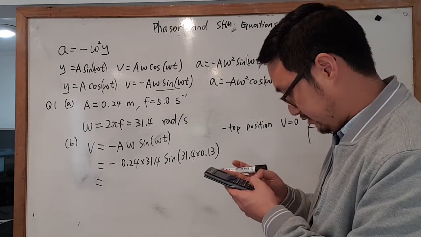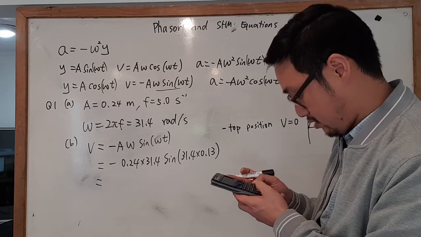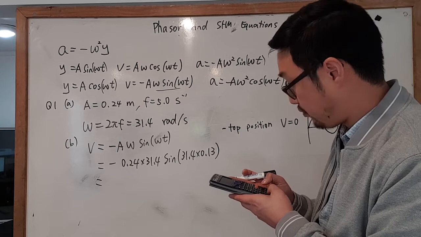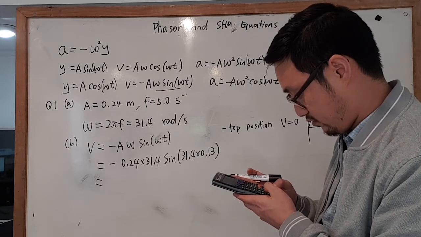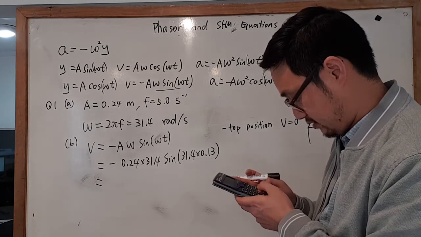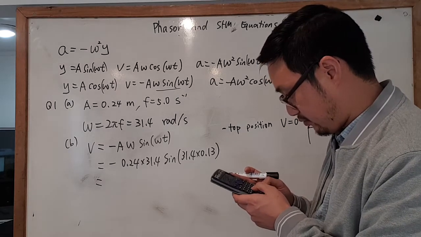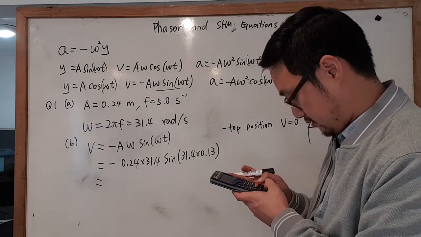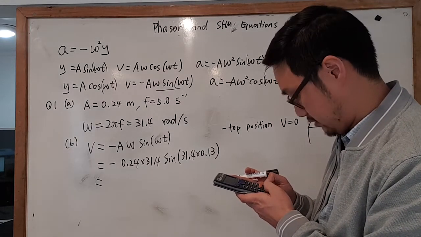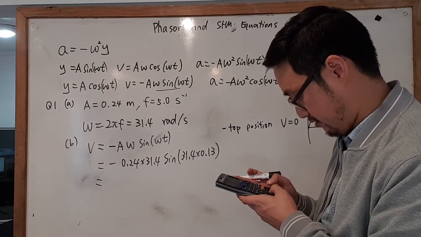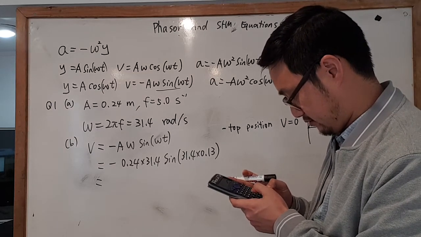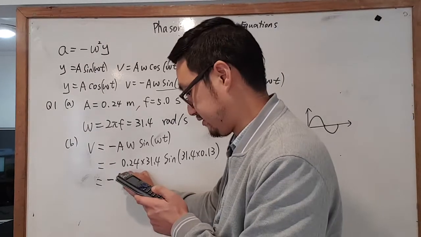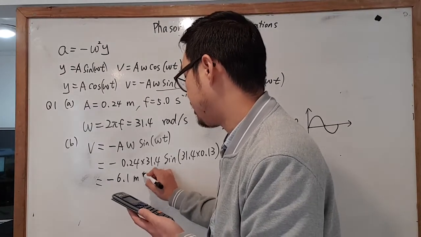So 0.24 times 31.4 times sine bracket 31.4 times 0.13 bracket. It equals negative 6.1 meter per second.